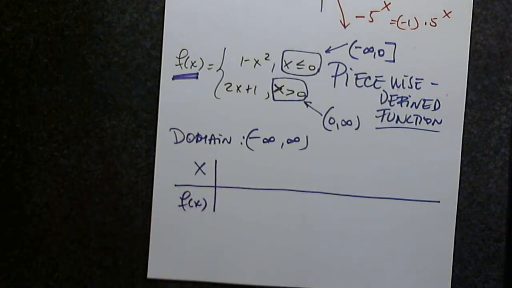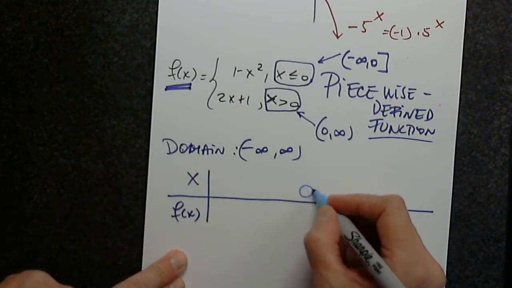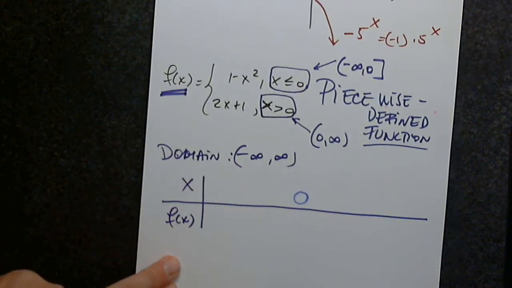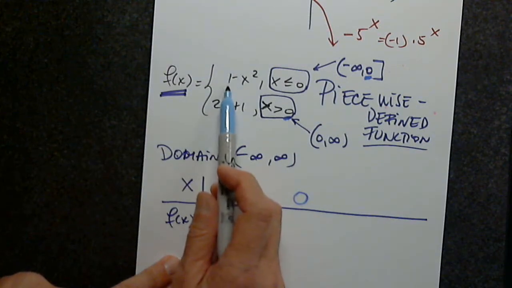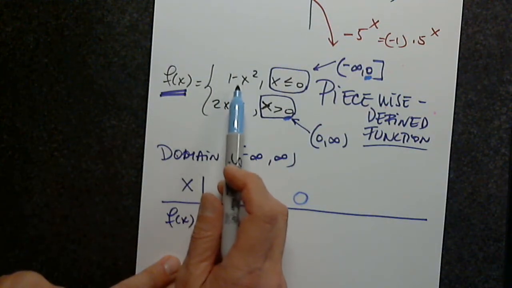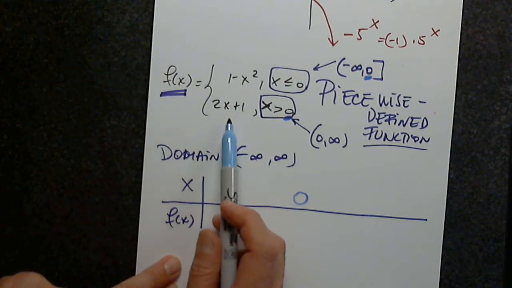Let's create a table to get some ordered pairs and be able to graph this function. 0 is the key number or value of x. Why? Because see what happens at 0? The function changes from what type? Quadratic to linear, right.